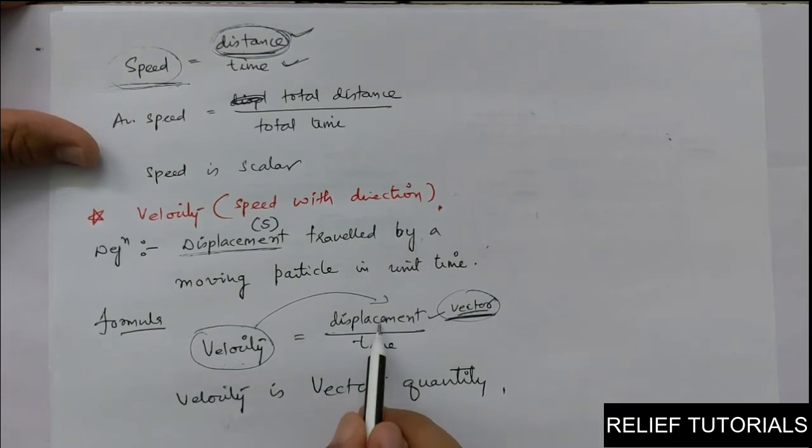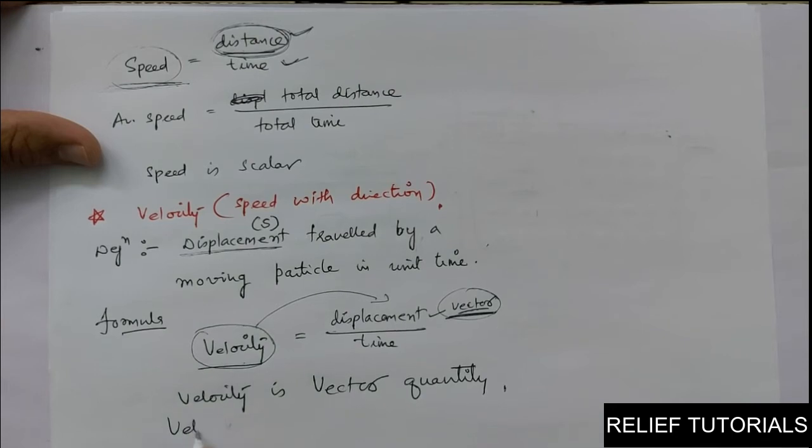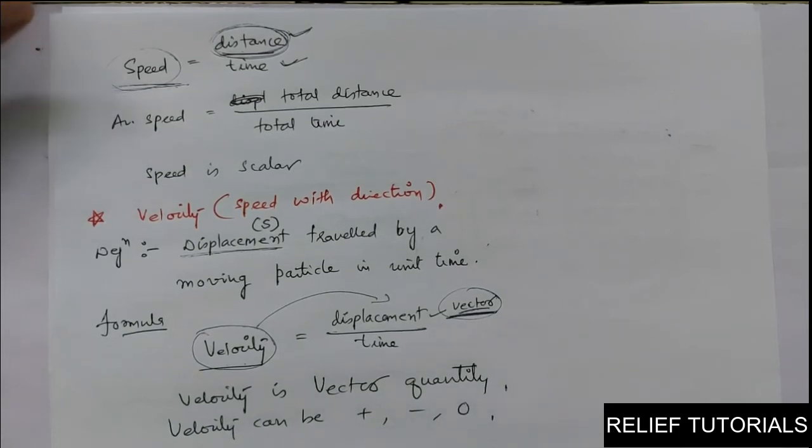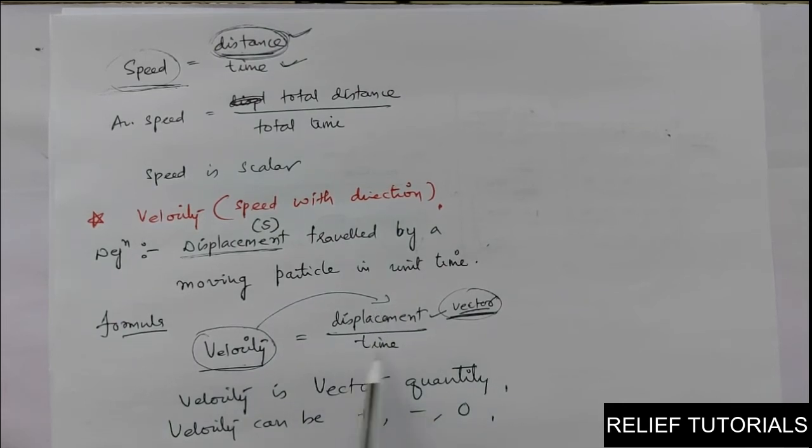So if displacement is positive, negative, or zero, velocity also can be positive, negative, or zero, because it totally depends on displacement. What do you think? If the displacement is zero upon any time, 1 hour, 2 hours, 3 hours, whatever, zero upon anything is always what? Zero. So velocity also becomes zero.